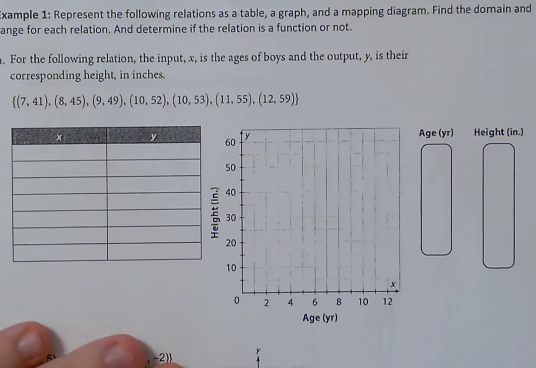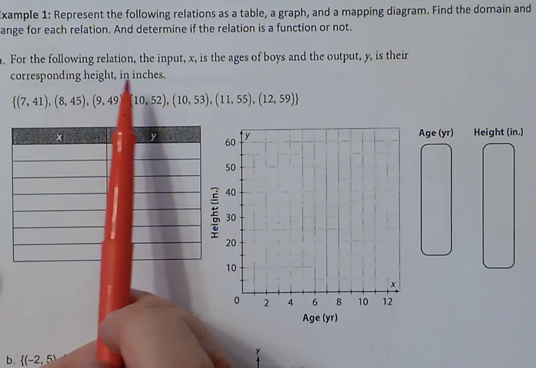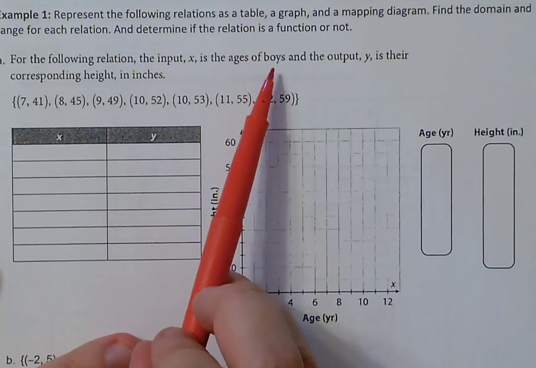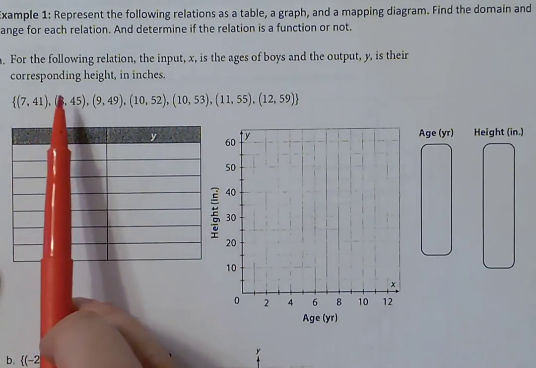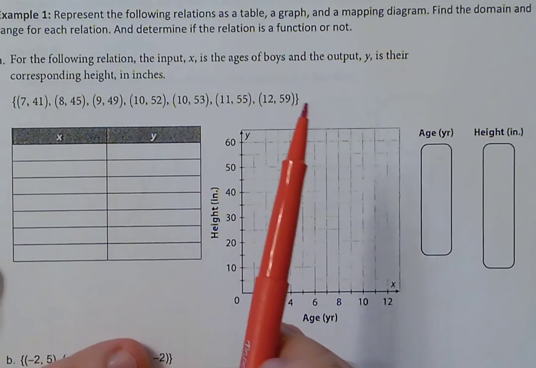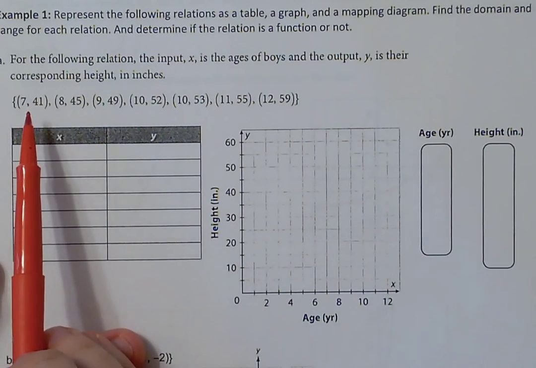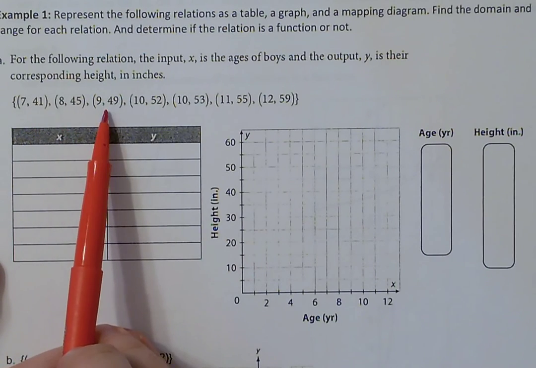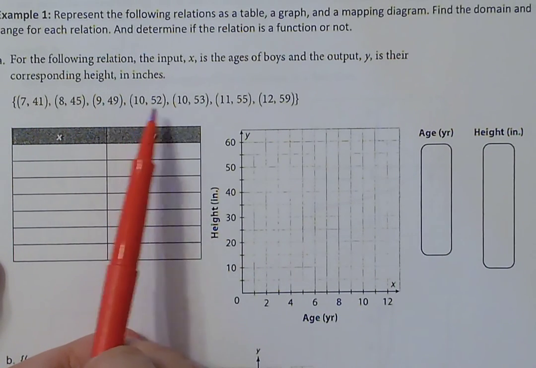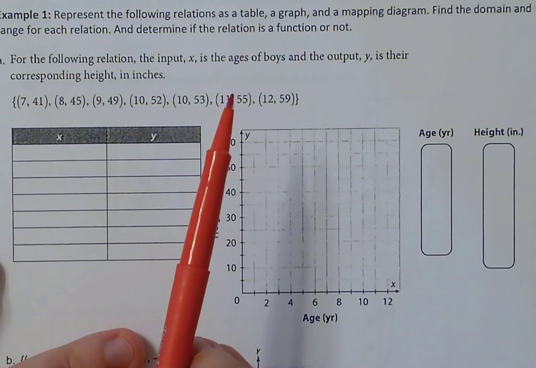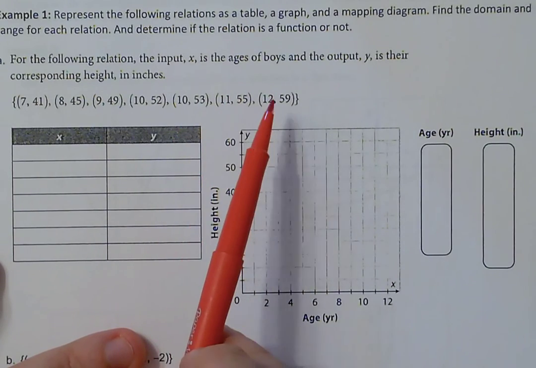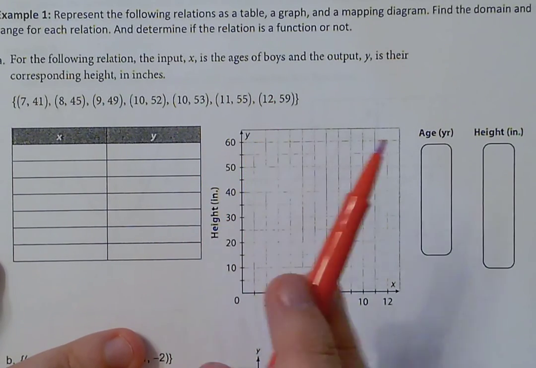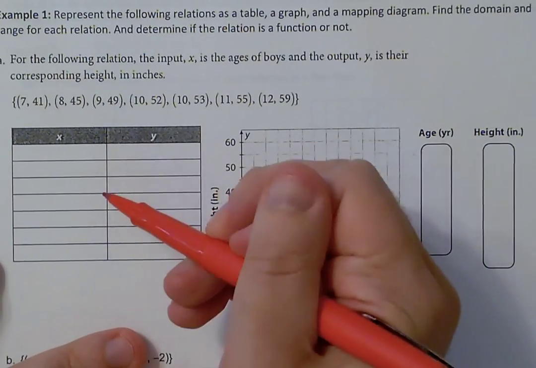All right, so for A, for the following relation, the input x is the age of boys, and the output is their corresponding height in inches. So my relation is (7, 41), (8, 45), (9, 49), (10, 52), (10, 53), (11, 55), and (12, 59). So the first thing we're going to do is a table.